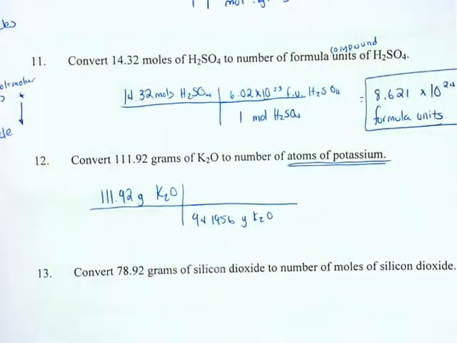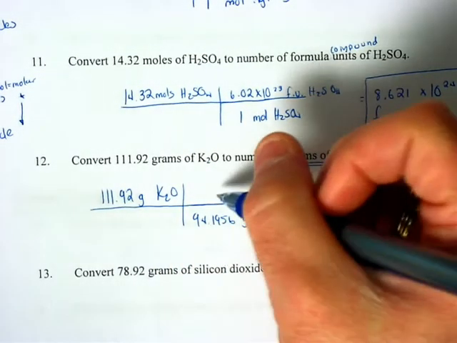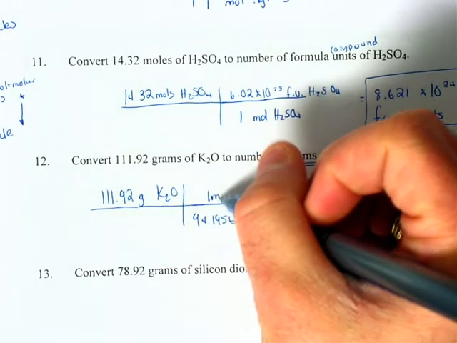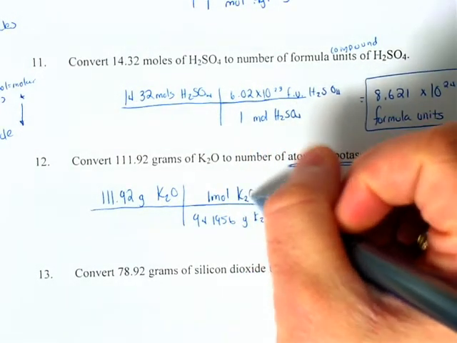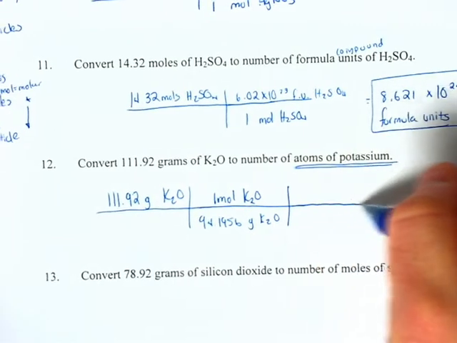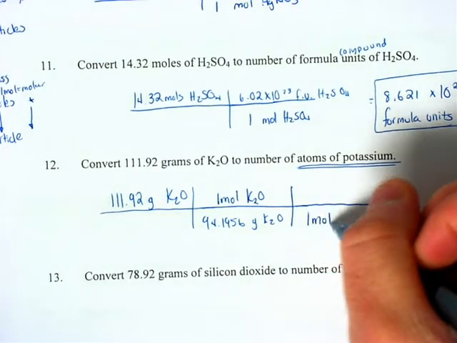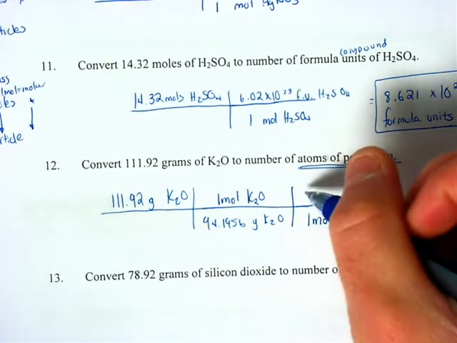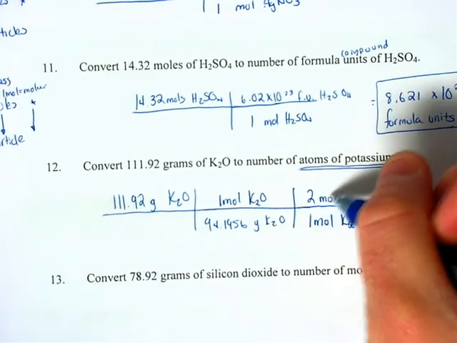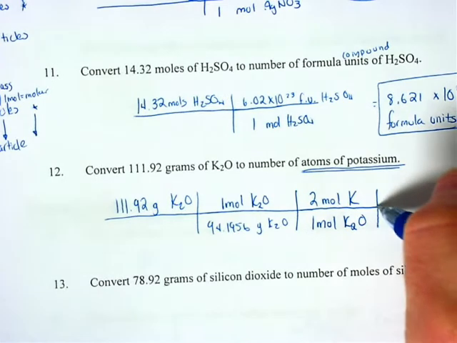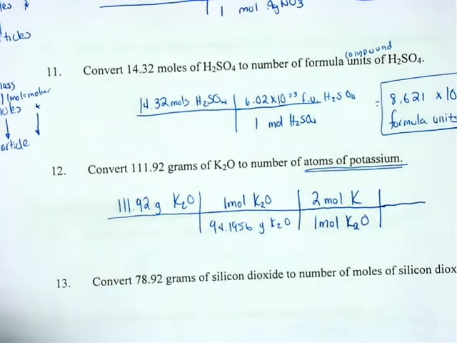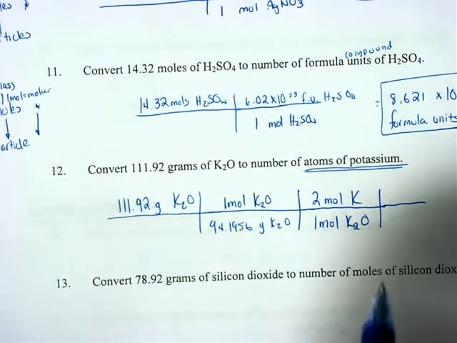Is that what y'all got? What goes on top of that? Very good. 1 mole of K2O. And this is the special part, right? What do I got to put on bottom of K2O? And what's going to go on top of that? Hopefully we all catch that valuable step there, because in this step we're breaking down the compound.